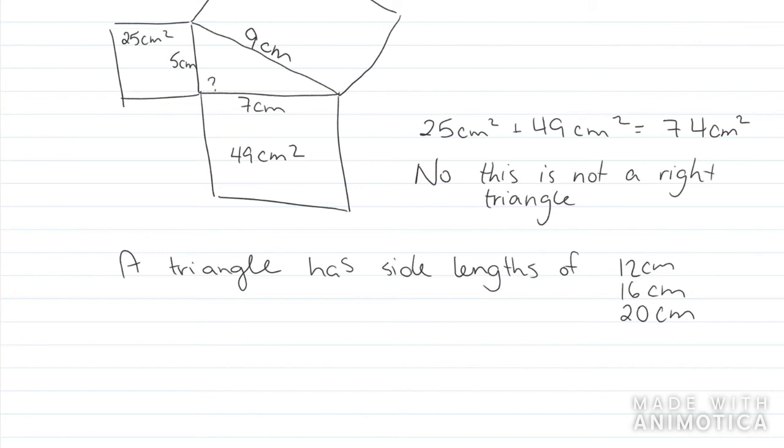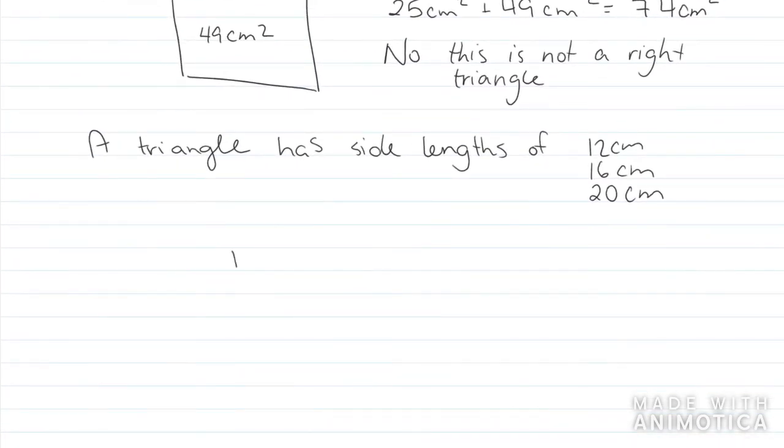Let's see if it's a right triangle. The first thing we do is draw a triangle. Because we don't know if this is a right triangle or not, instead of putting the square, I really should be putting a question mark, because that's what we're trying to find out.